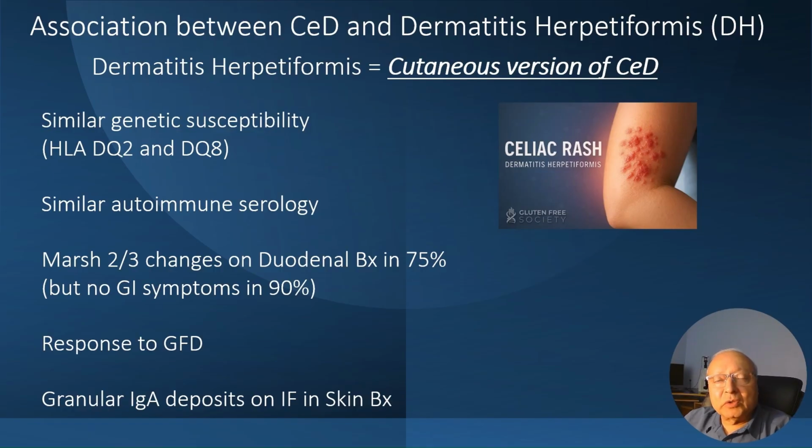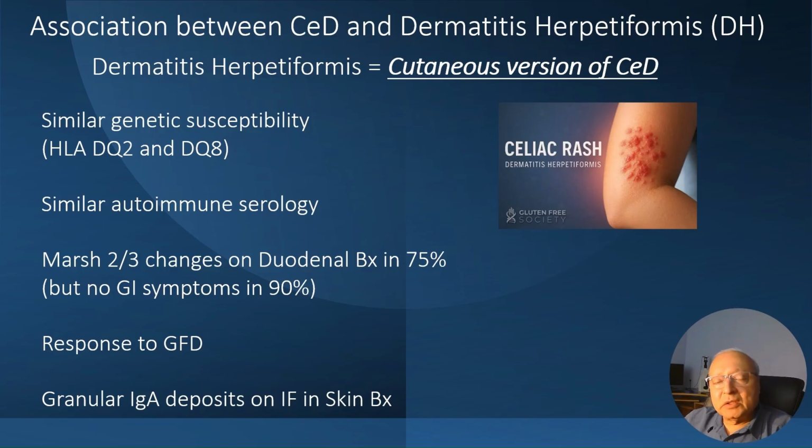It will show the same Marsh 2 or 3 type lymphocytic duodenitis in about 75% of the patients. Interestingly, the GI symptoms are there only in 10% of patients. So most of these people who are showing the lymphocytic duodenitis will not show any GI symptoms.